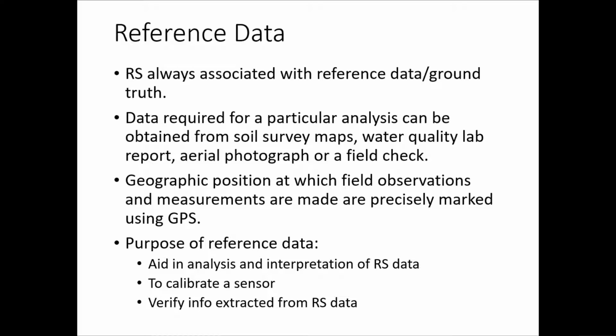And all these reference data are always associated with the geographic position of that data, right? As I mentioned earlier, suppose you have an aerial photograph of the campus, and you have a coconut plantation, and you know the coordinates of that location.